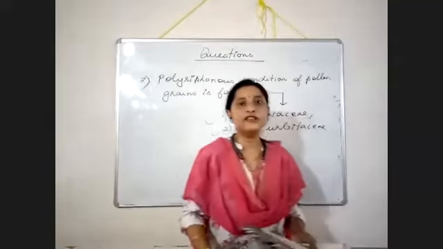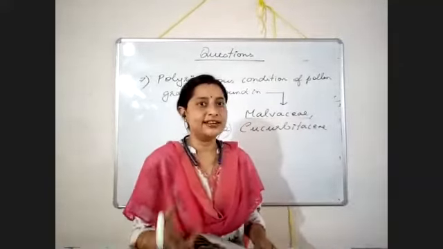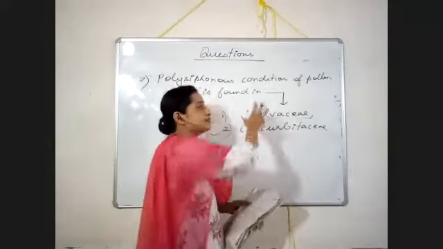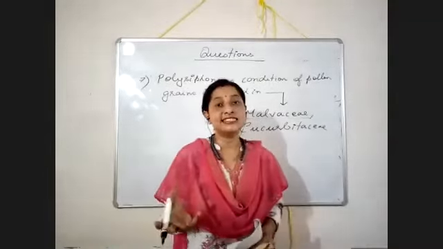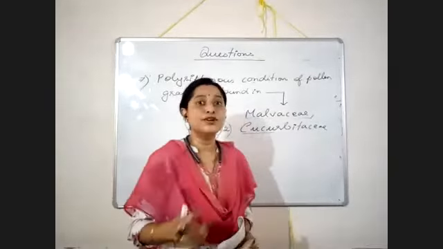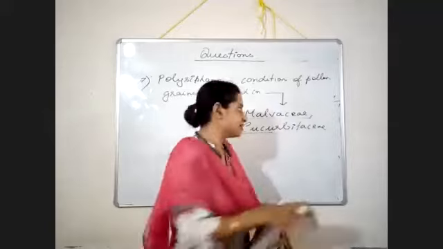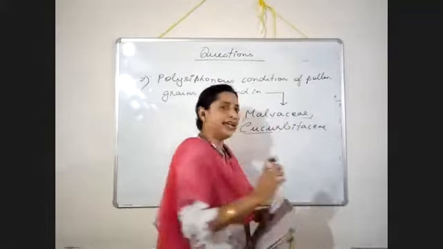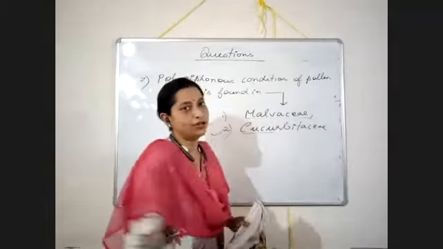One example of Malvaceae is China rose, so polysiphonous condition is seen in China rose. Similarly, cucumber is an example of Cucurbitaceae.